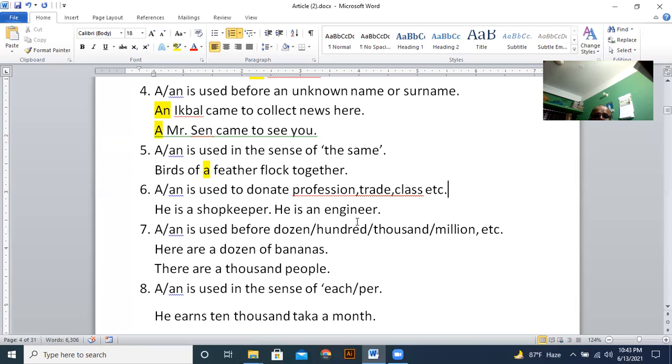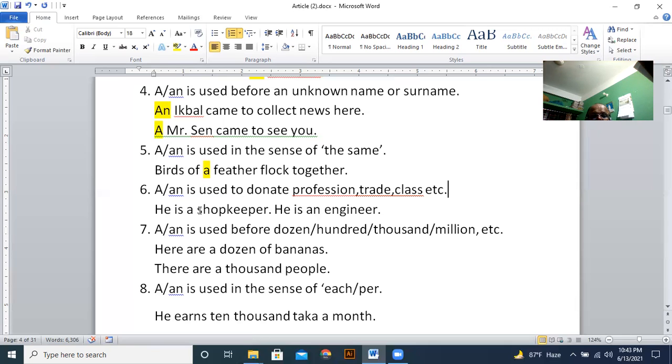Before a consonant you have to use a, and before a vowel you have to use an. He is a shopkeeper or he is an engineer.